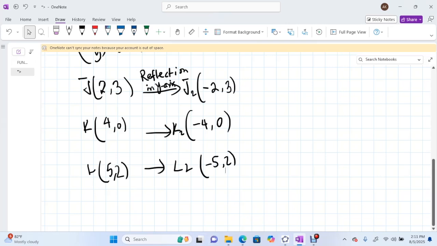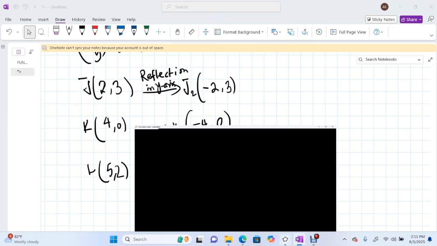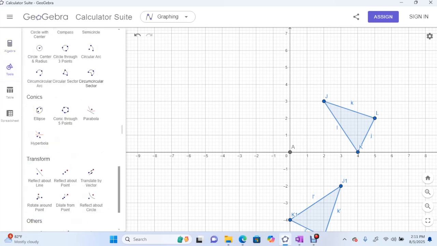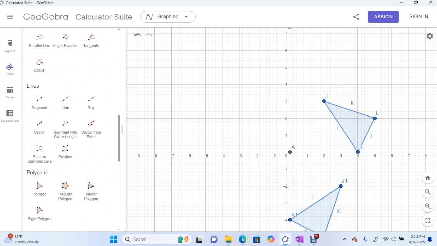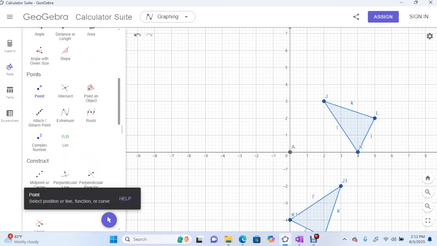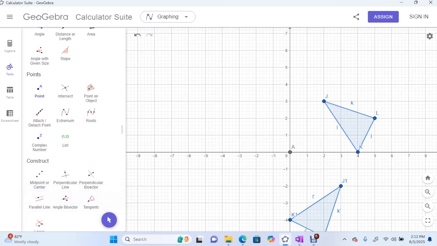So we go back to our graph. I'm going to just plot the points for you to see how you will do it on your graph sheet. The first point was negative 2, 3. So we will pick negative 2 on the X and then 3 on the Y. So that's going to be here, and that's going to be J1.